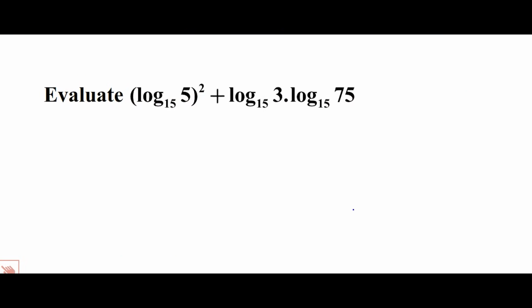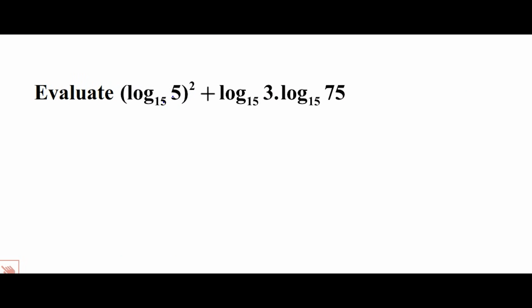Number 3: evaluate log base 15 of 5 squared plus log base 15 of 3 times log base 15 of 75. This problem may look complicated at first, but the key is to use the relationship between 3, 5, and 15.